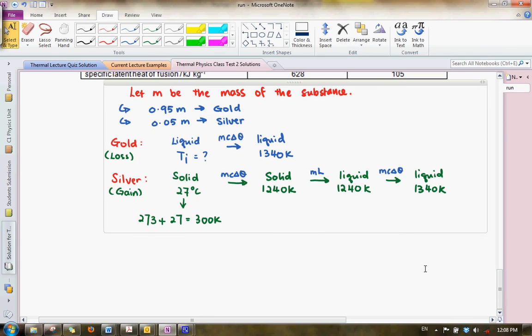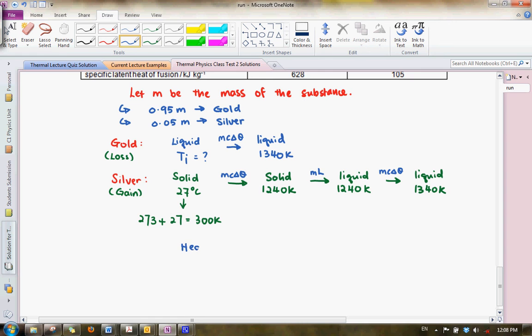Assuming that these are the only two interactions taking place, the two substances only exchanging heat, then the heat gain by silver is going to be the heat lost by the gold. Let's start off with heat loss by the gold because it's easier.